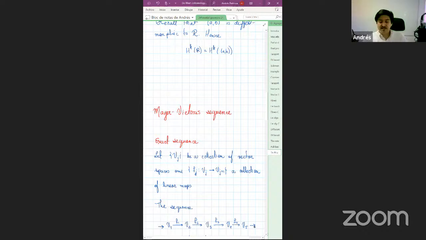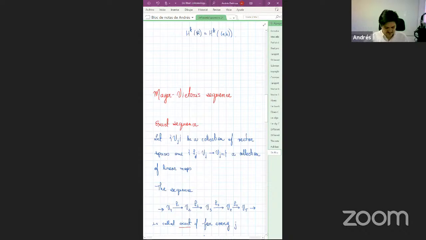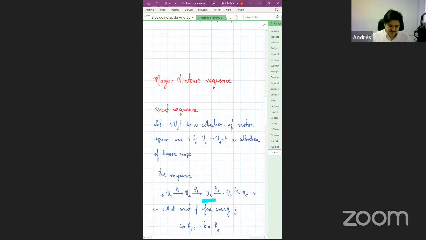And that sequence is going to be called exact if the following holds. At every j, I'm going to look at the following. The image of this map has to agree with the kernel of this map. And that needs to happen at any space like this, okay?